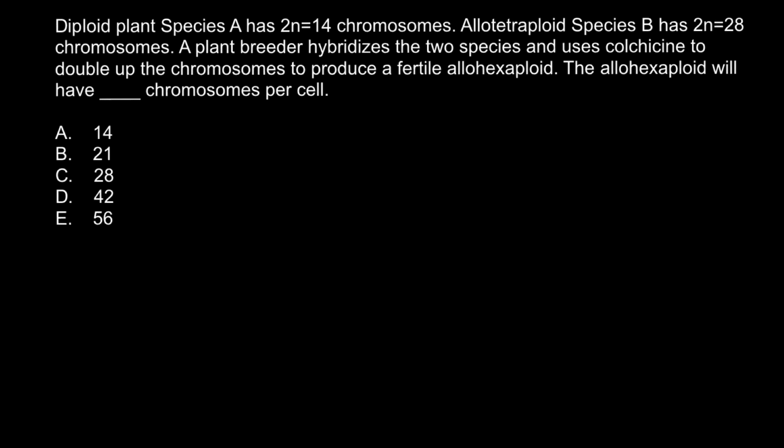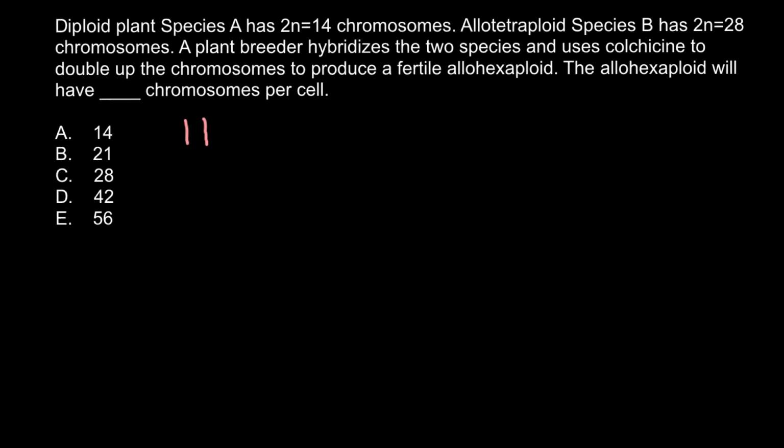It is very easy to understand the first sentence of this problem, that species A has a diploid number of 14 chromosomes. So let's write this down. This is going to be, say, chromosome number 1.